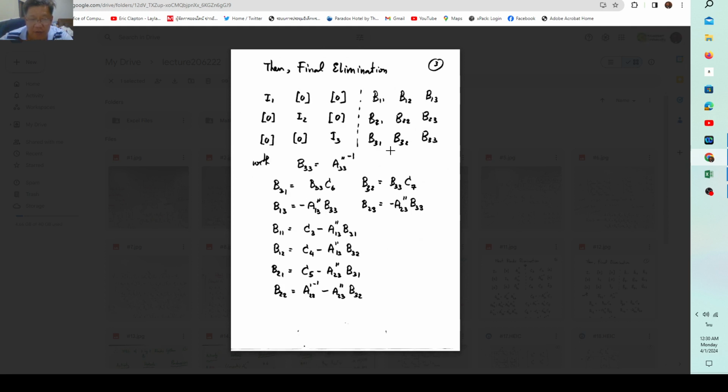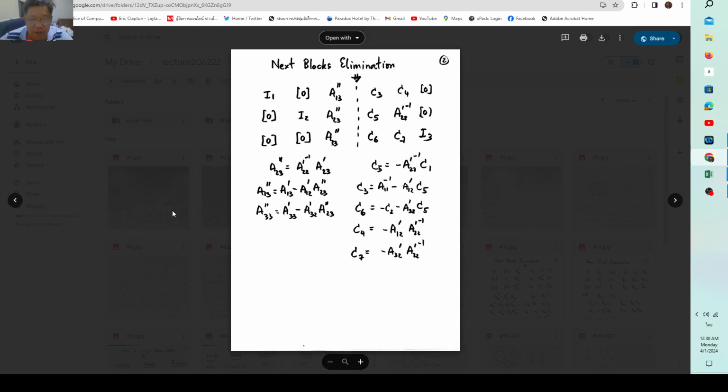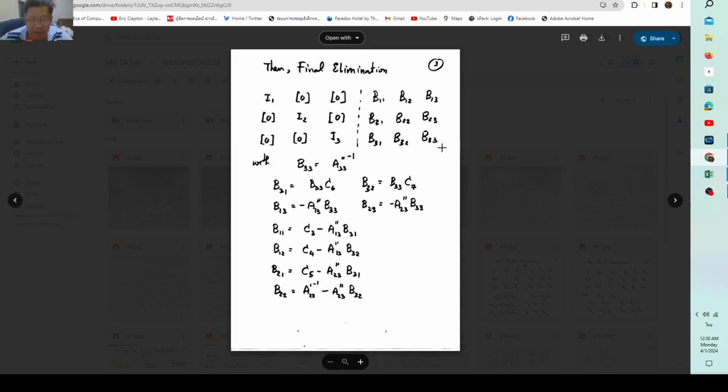And it's easy to see that B31, since this is B33 over here, the easiest one is that because this one is I3, since you get A33 double prime inverse multiplied with everything. So at I3, which is the partition part of B33, the first one you'll be able to identify is B33. B sub 33 here is A sub 33 double prime inverse.